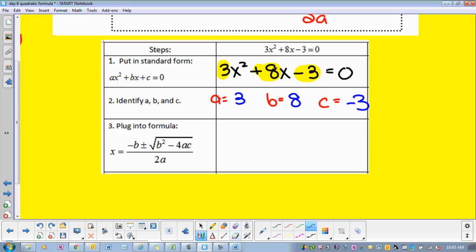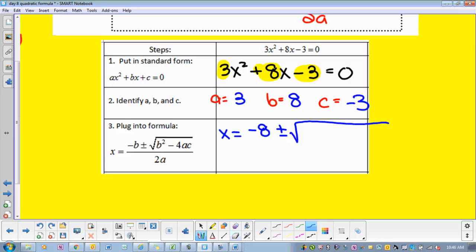All right. So, step 3, plug it into the formula, right? So, x equals the opposite of b. What's the opposite of your b? Negative 8. Plus or minus the square root of. Guys, when you plug in your b, a, and c inside your square root, anything that you plug in, put it in parentheses, please.